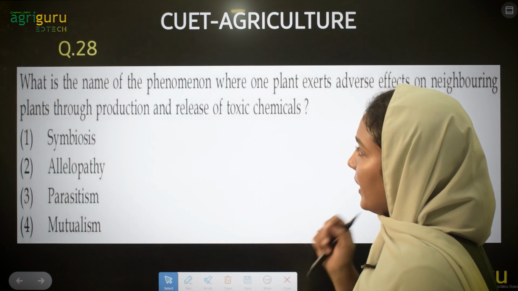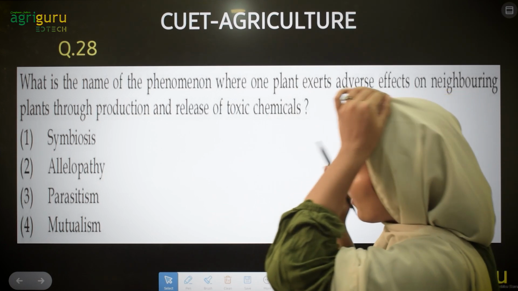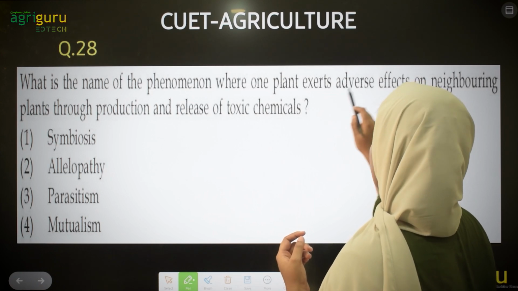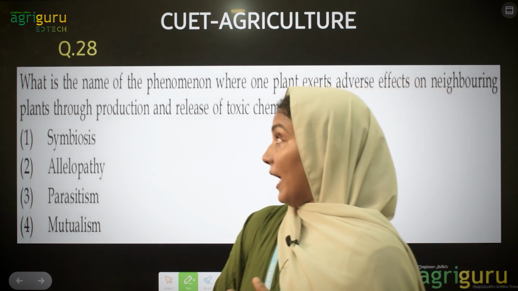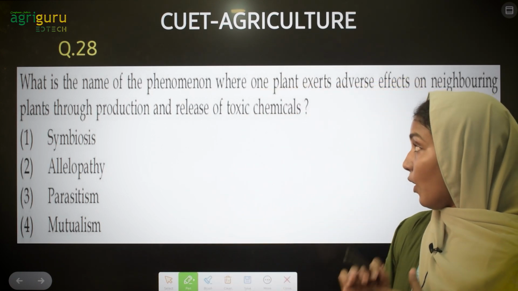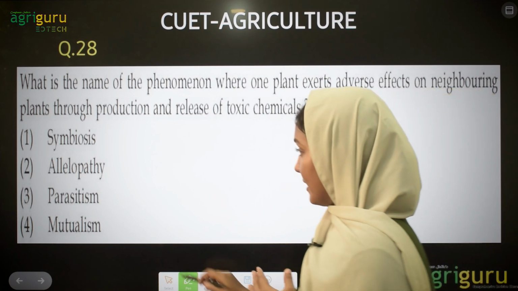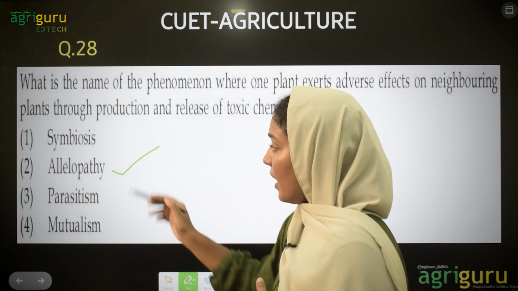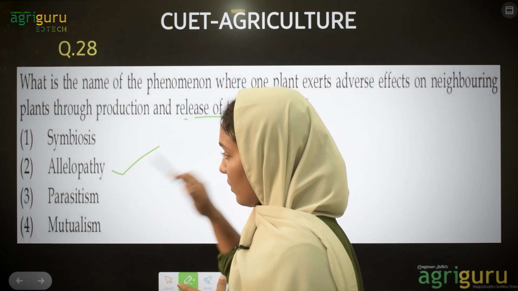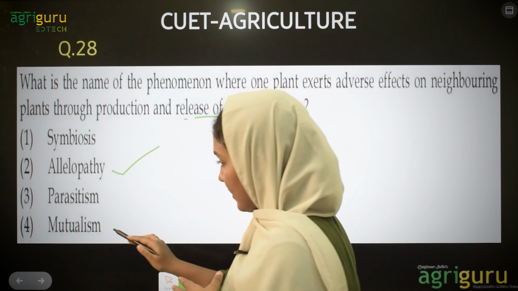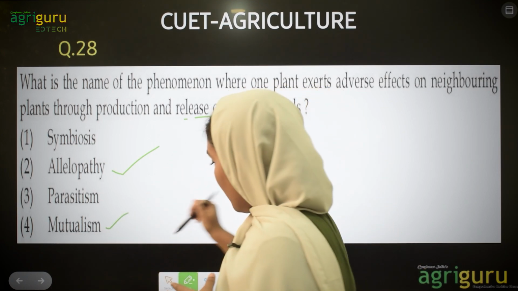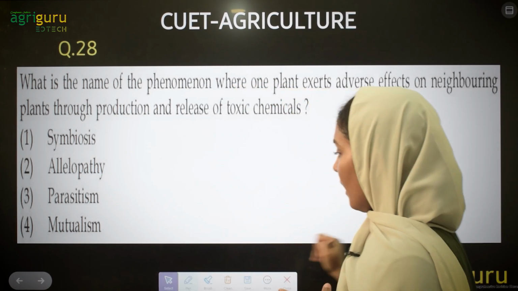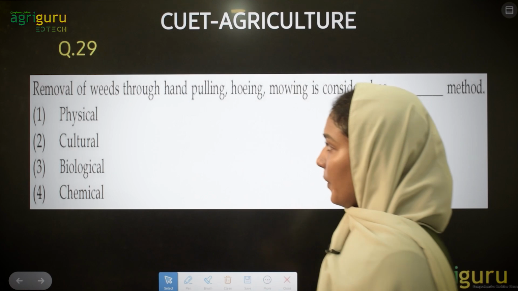Next, question number 28. What is the name of the phenomenon where one plant exerts adverse effect on the neighboring plants through production and release of toxic chemicals? The answer is allelopathy. Symbiosis is a mutual relationship, and parasitism is not only toxic chemicals, they derive nutrition and so on. Mutualism is a positive relation. So the right answer is allelopathy. Next question, question number 29.